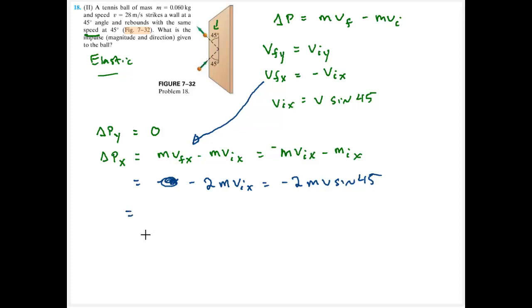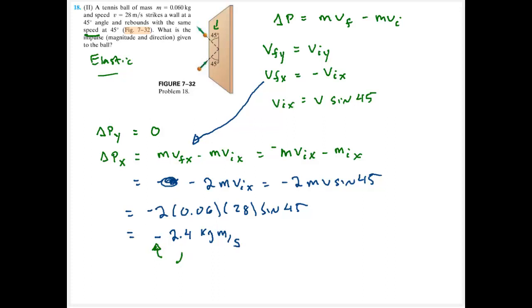Go ahead and I plug all these in here. I know that negative 2 multiplied by the mass, 0.06 kilograms, multiplied by the velocity, 28, sine of 45 degrees, I'm going to end up with negative 2.4 kilogram meters per second. Now what the negative means is it tells us something about the direction.